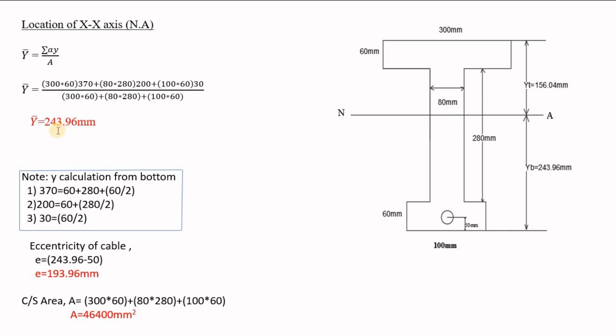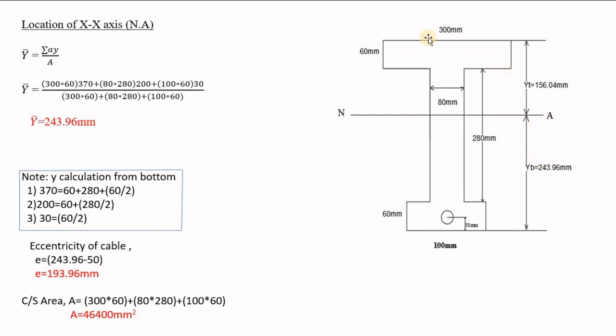So y bar is 243.96 mm. You should be careful: this y bar value is calculated from the bottom. From the bottom, the neutral axis is at a distance of 243.96 mm. I have clearly mentioned YB, that stands for the bottom portion.